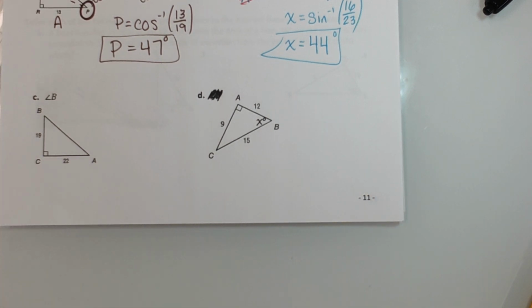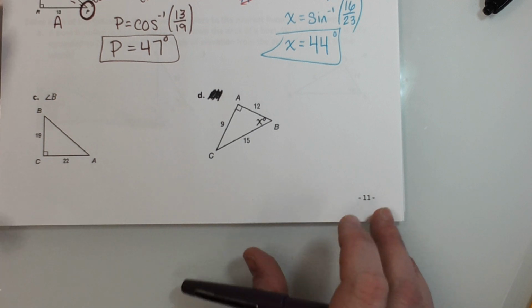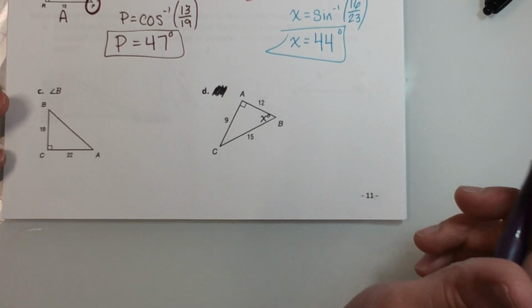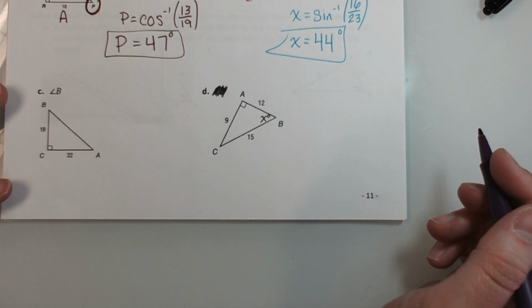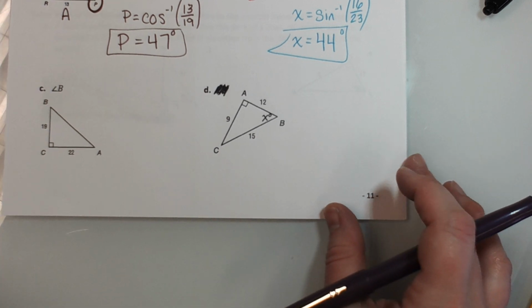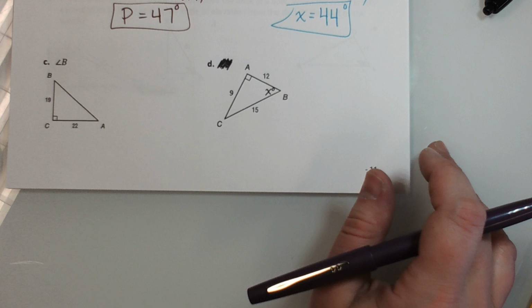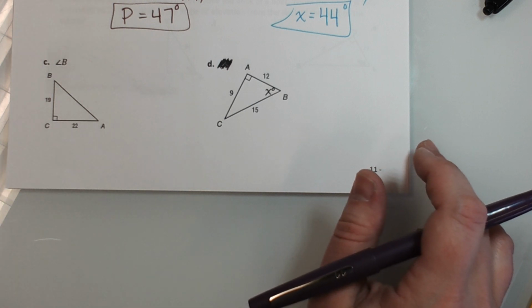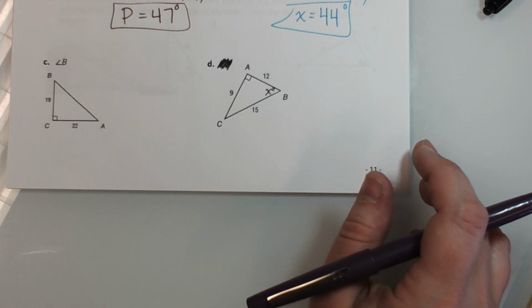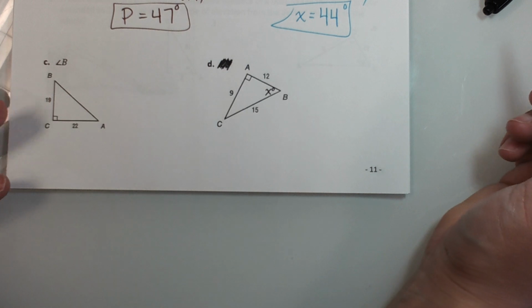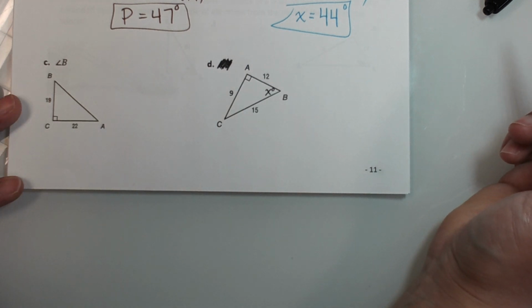Okay. Question C. Solve it for angle B. Jackson, how do I start the process? We're not there yet. I need some labels. Label the hypotenuse.